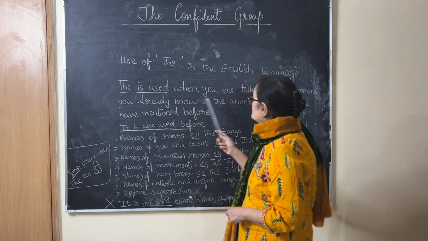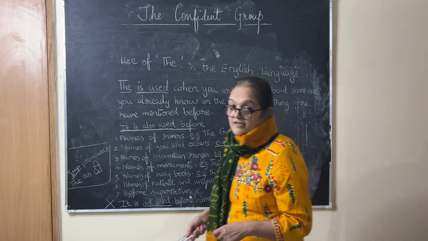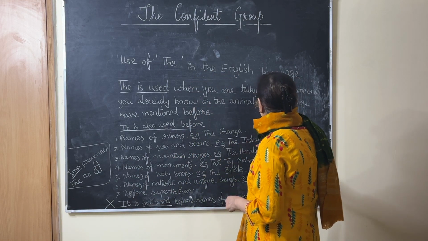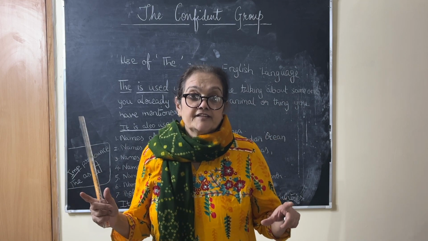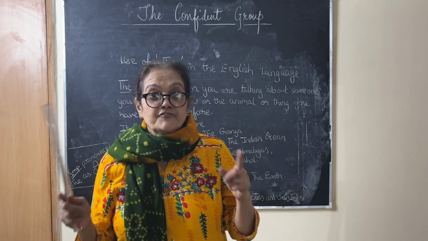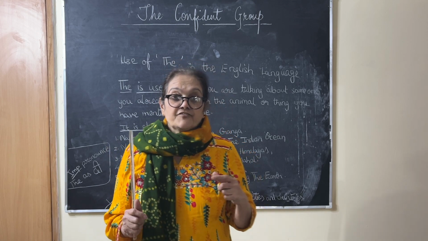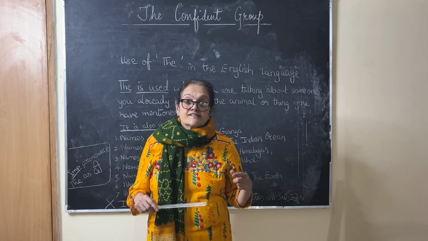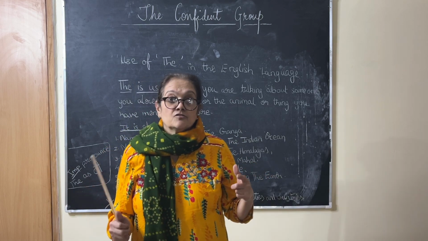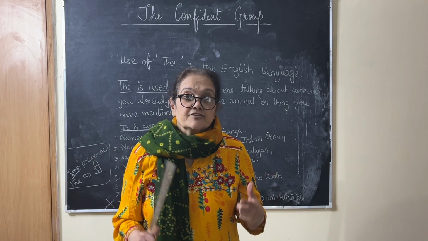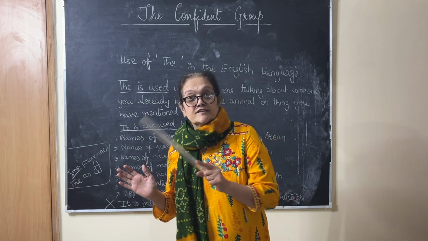"The" is used when you are talking about someone you already know, or the animal or thing you have mentioned before. Like supposing you are reading a paragraph: I have a friend. You start with "a friend". I have a friend and she is living nearby. The friend of mine is very good in speaking English. So first you used "a friend" and then you've used "the friend".